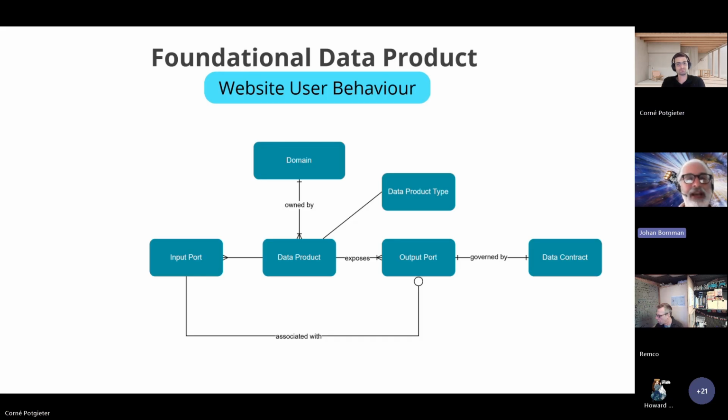So how do you actually run that with these different domains and data products, to keep it simple, in the way you describe now? That's my real question I wanted to ask.